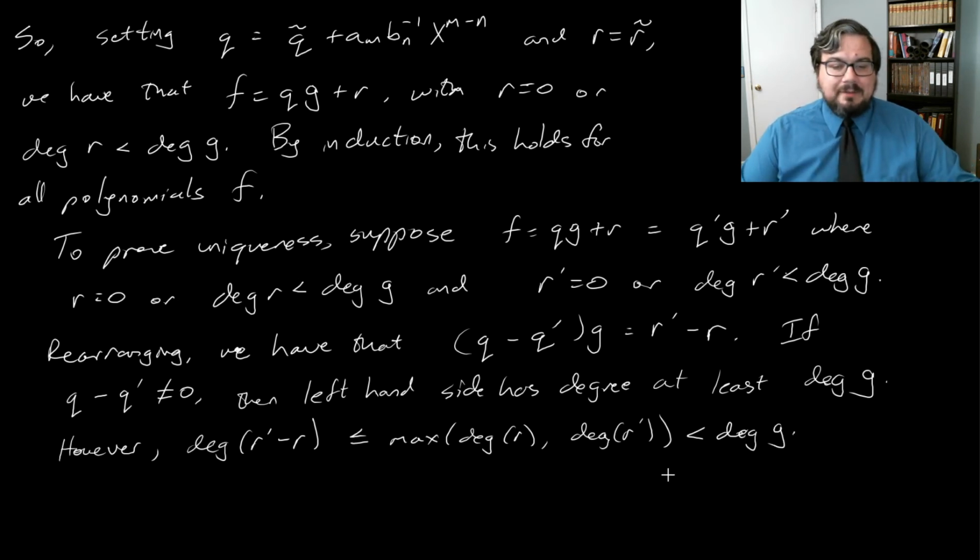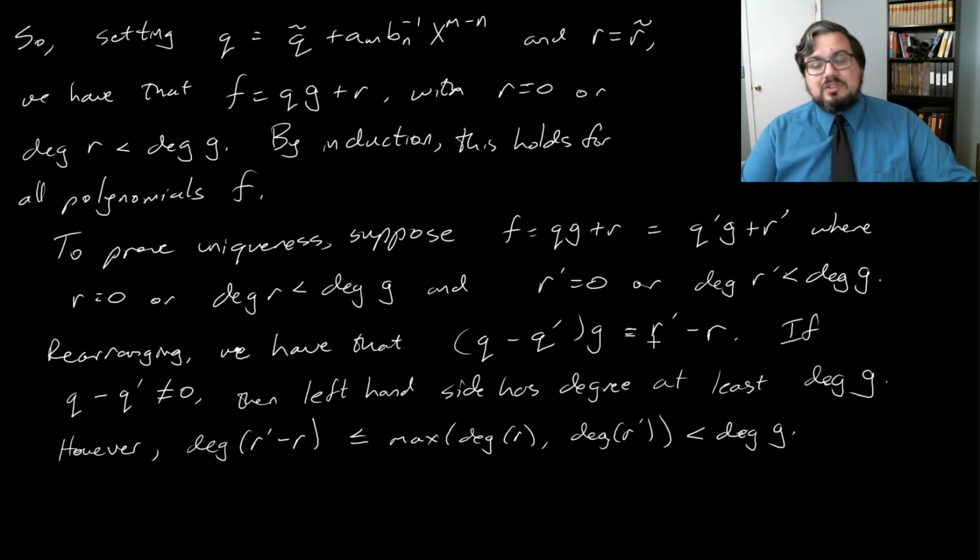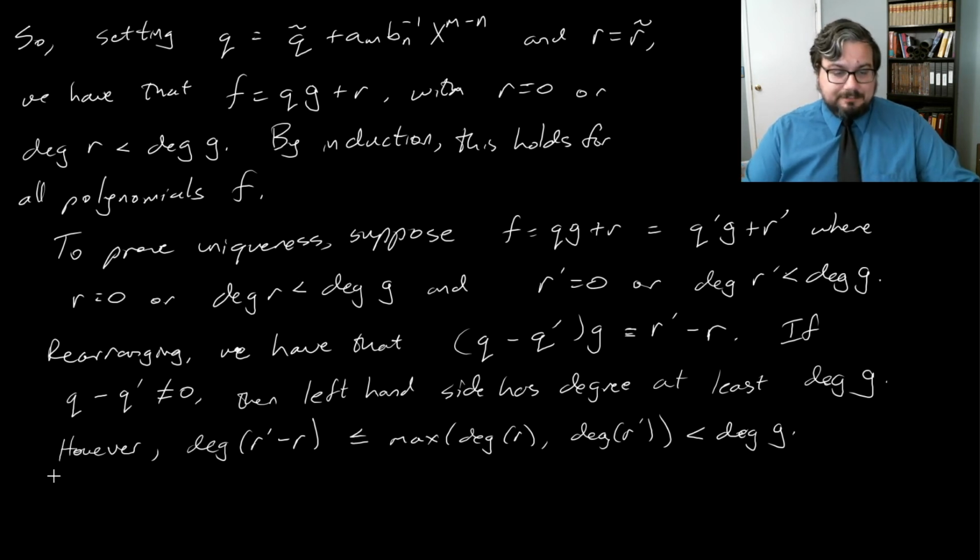So if q minus q prime is not equal to 0, then the left-hand side of this equation has degree at least the degree of g, and the right-hand side, no matter what, has degree at most the degree of g minus 1, which is a contradiction.